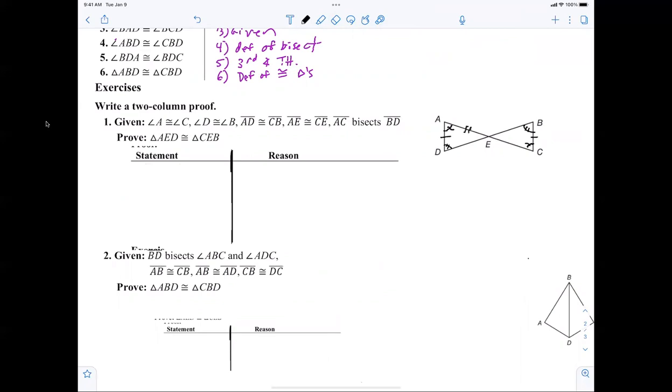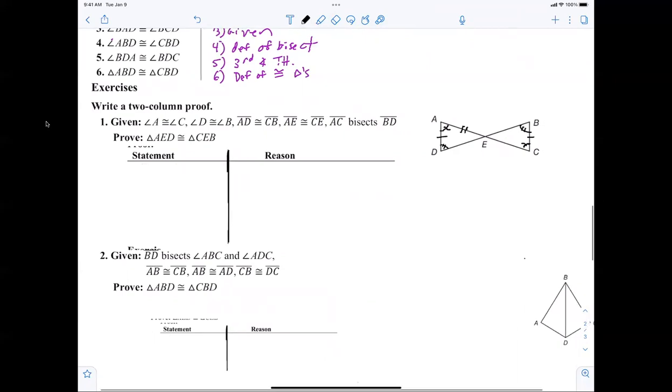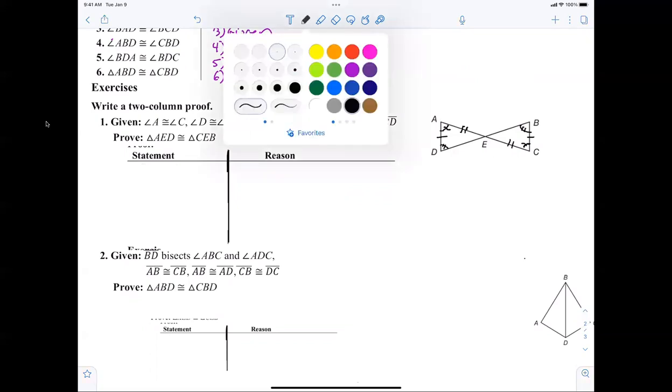AE is congruent to CE. And AC bisects BD. So if AC bisects BD, somebody tell me what's true.